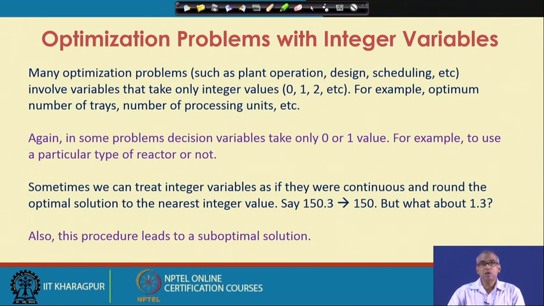But suppose for some other problem you get the optimal value for a decision variable as 1.3. So, here the choice of rounding is not that obvious, because 0.3 you can happily neglect considering the number 150, but this choice is not so obvious when the number is 1.3.